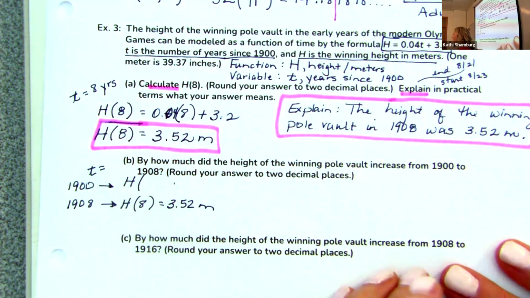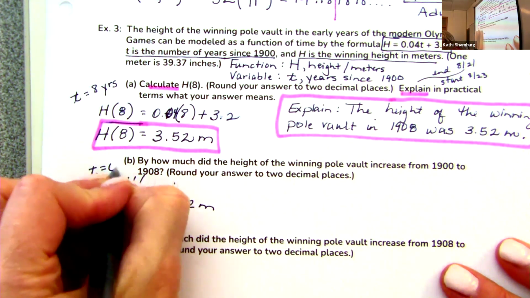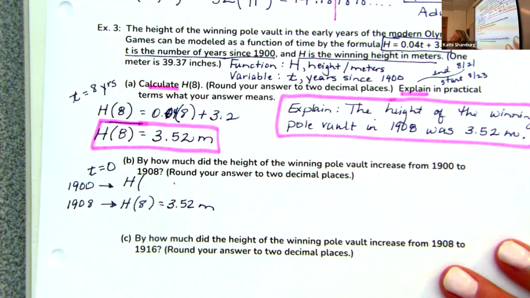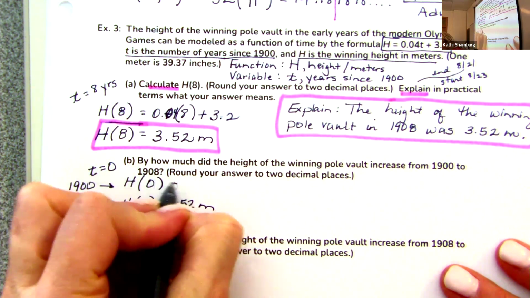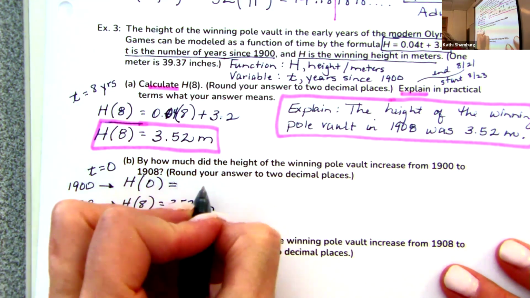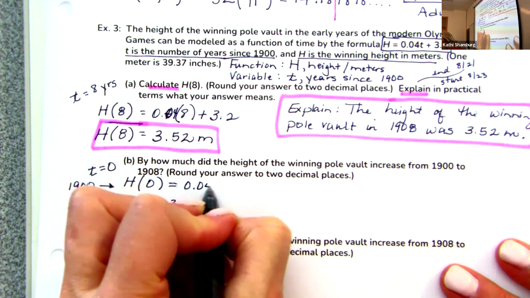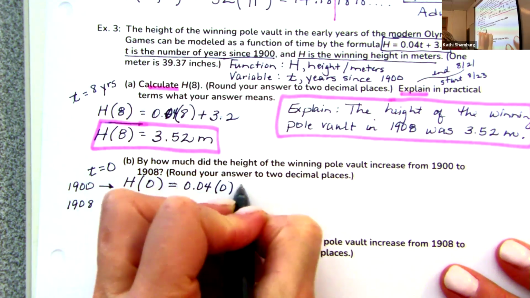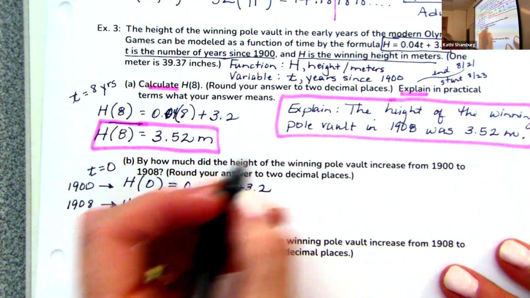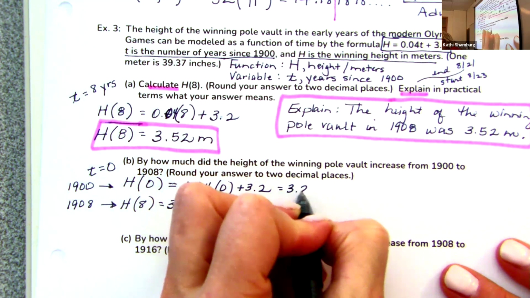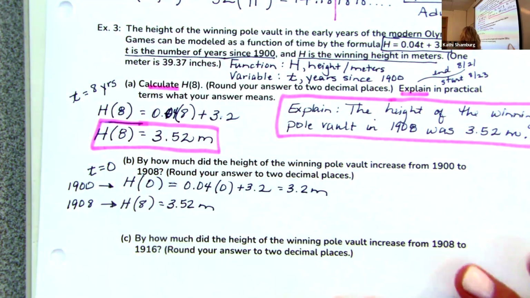So at the year 1900, how many years have passed? 0. So I'm going to use t equals 0. This is also what we call the initial value, what we're starting with. So I'm going to do h at 0, which is 0.04 times 0 plus 3.2. Well, I know anything times 0 is 0. So this is 3.2 meters.